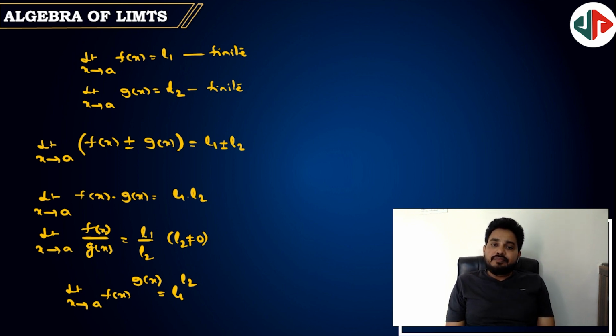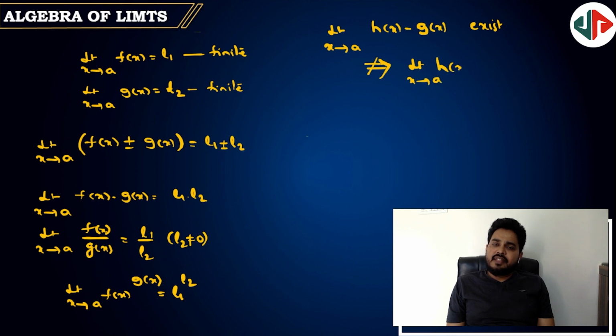And here, if the limit as x tends to a of some new function like h of x minus g of x exists, that doesn't mean that the limit of h of x exists and the limit of g of x exists.